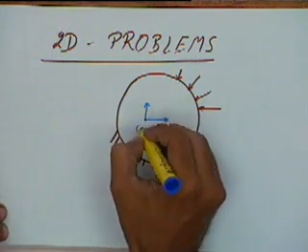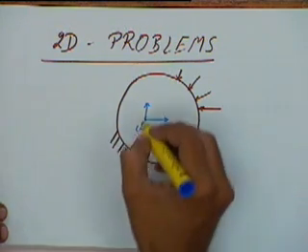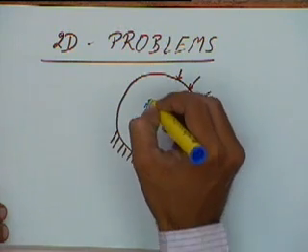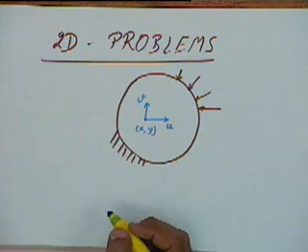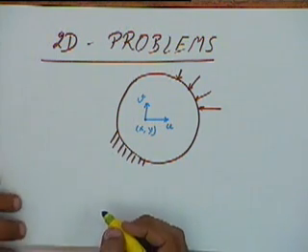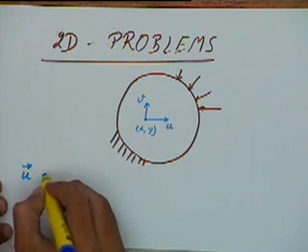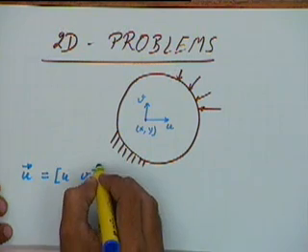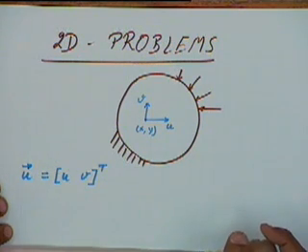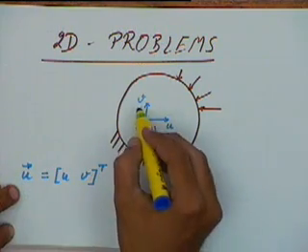Okay, the location of this point is, let us say, xy, and we will say that the deformation would be u in the x direction and v in the y direction. Okay, and then we will say that the vector u will be the vector u v transpose. Okay, this is the vector of the two deformations.